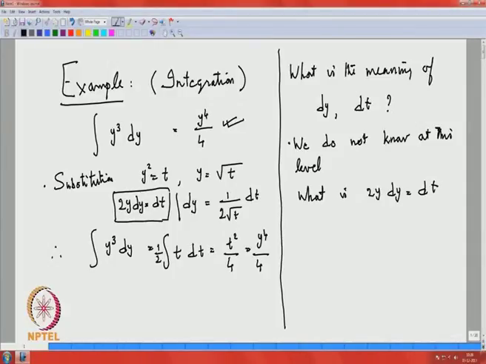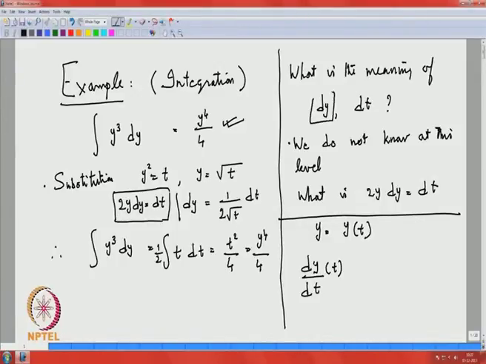So, here is what your trouble is. You have to understand that when you treat y as a function of t, we know what dy by dt is together. You know what this is as a function of t. You do not know what dy is probably, you do not know what dt is.